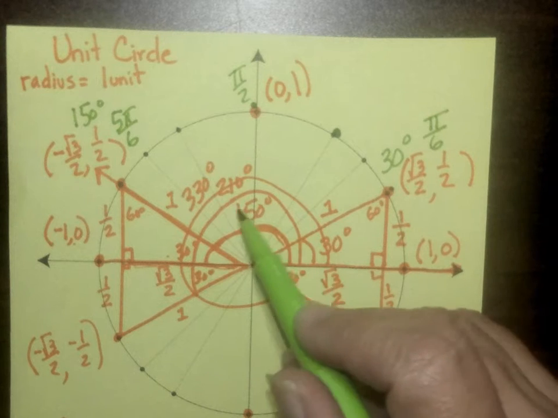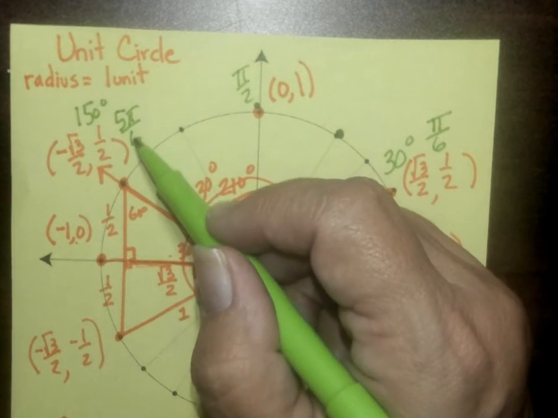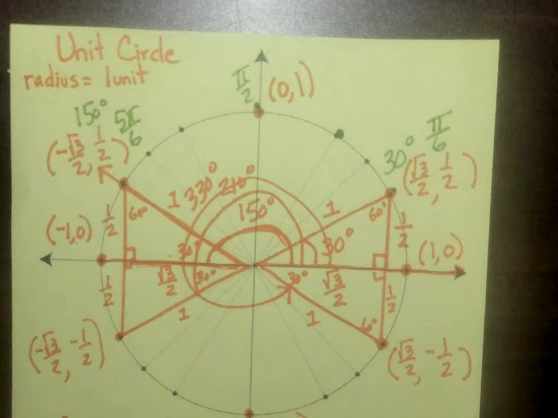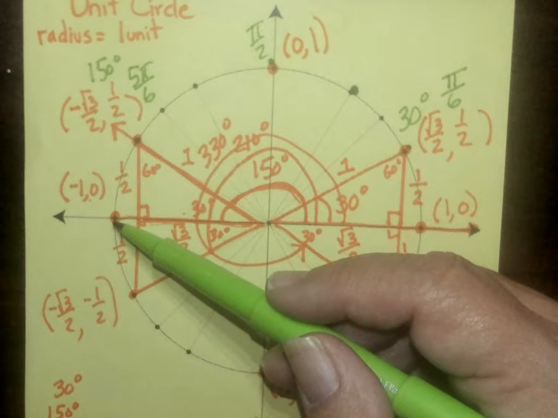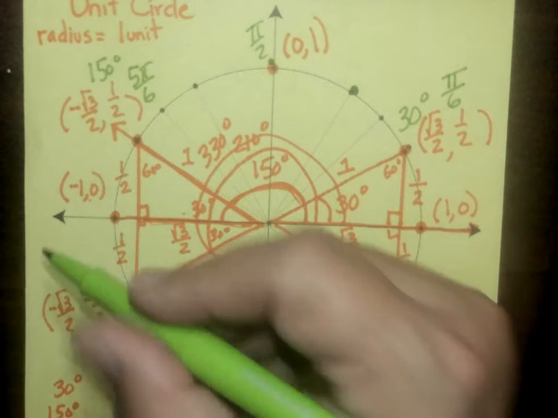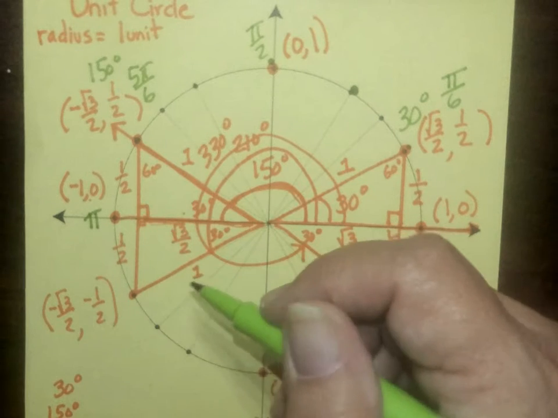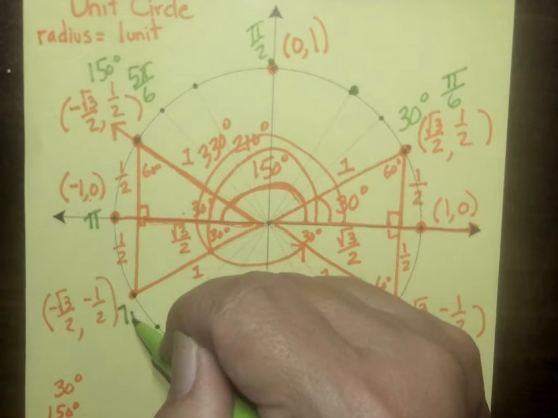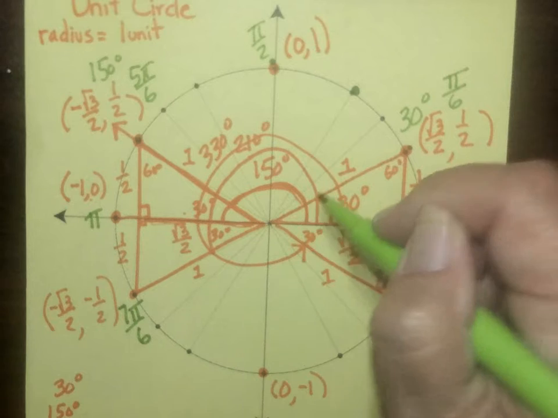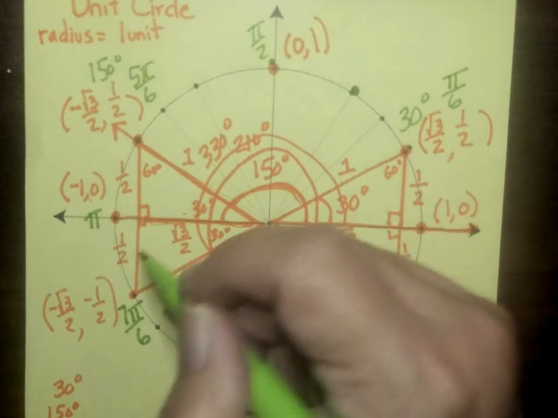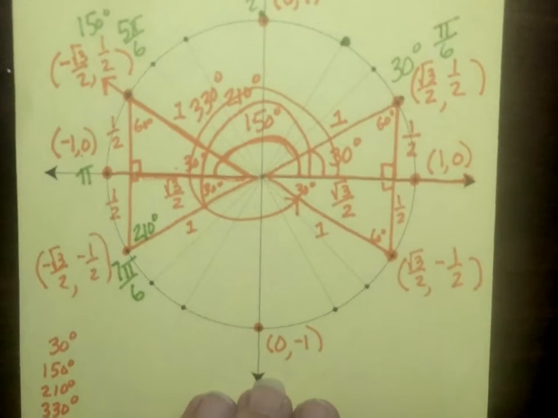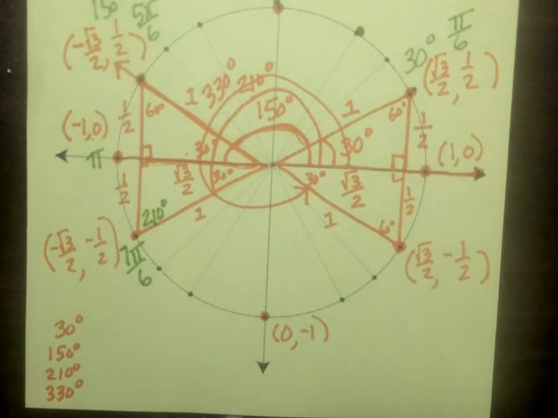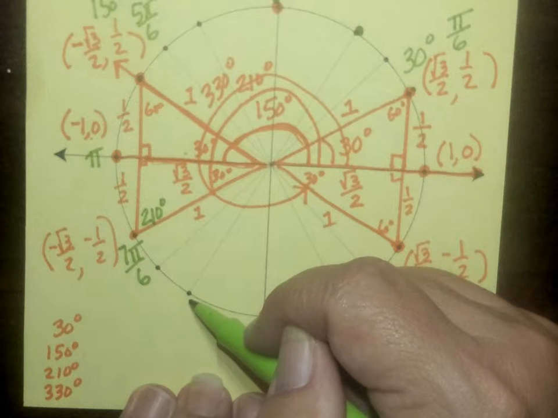We had marked the 150 degrees right there, and it's 5 pi over 6. And then if we keep counting around, this is 6 pi over 6. Well, 6 pi over 6 is just pi. And so then this angle is 7 pi over 6, which was the angle 210 degrees. And then this would be 8 pi over 6.